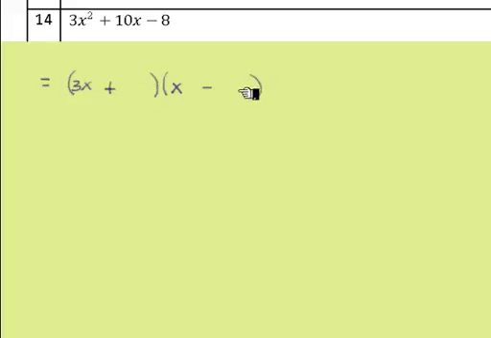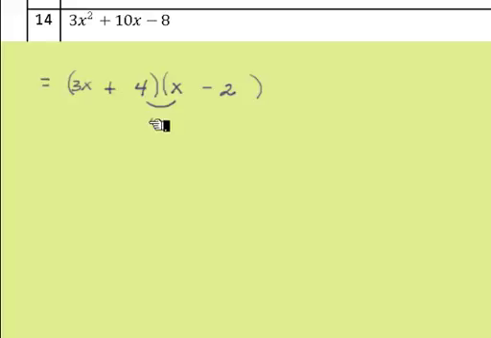And here we need two factors of 8, two things that multiply to 8. So that could be 8 times 1 or 4 times 2. All right, let's say we try by filling in with a 4 and a 2. And let's just see what we get.